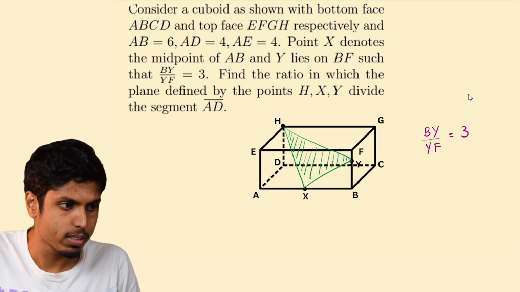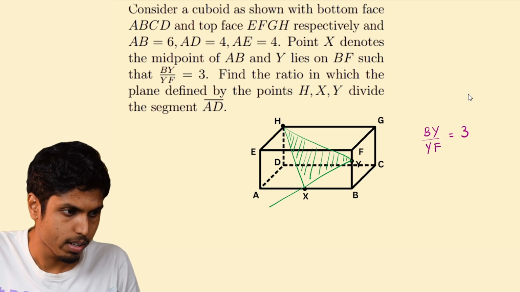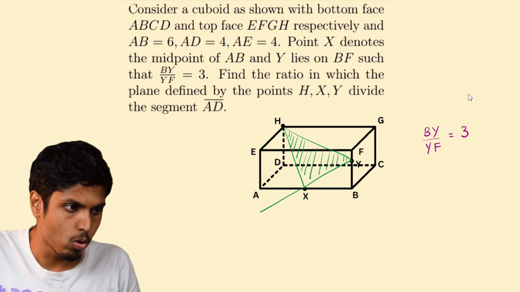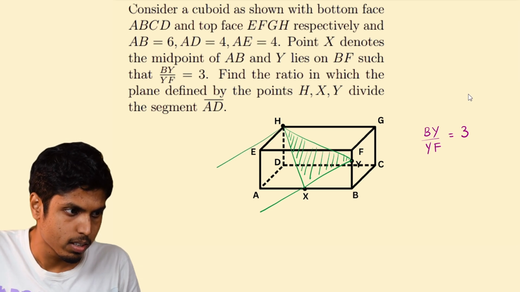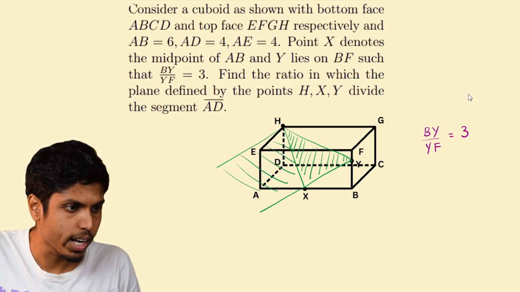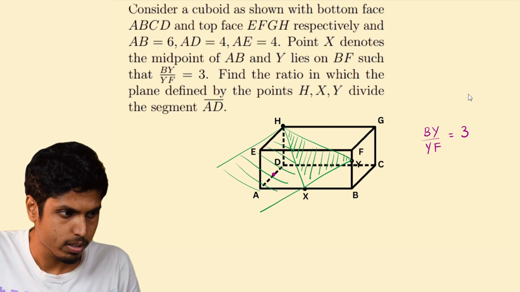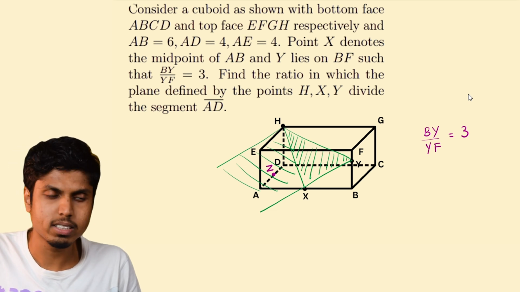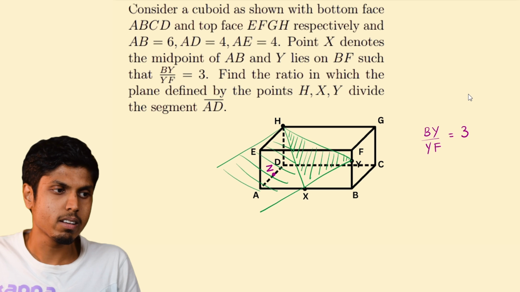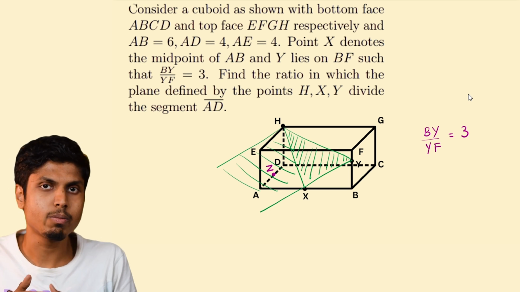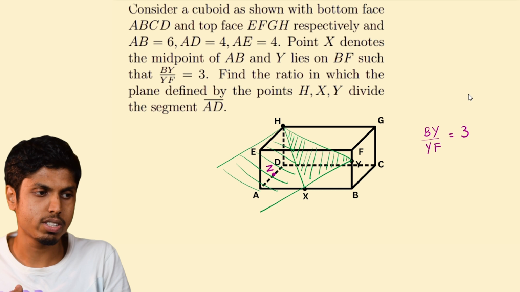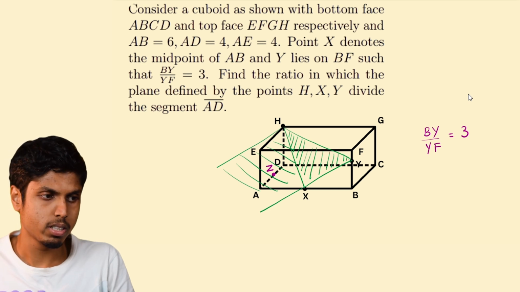So if you do that, it will just go on like this to intersect the segment AD at some point. Let's call it as Z. And we are asked to find AZ by ZD. That is the ratio in which Z divides the segment.